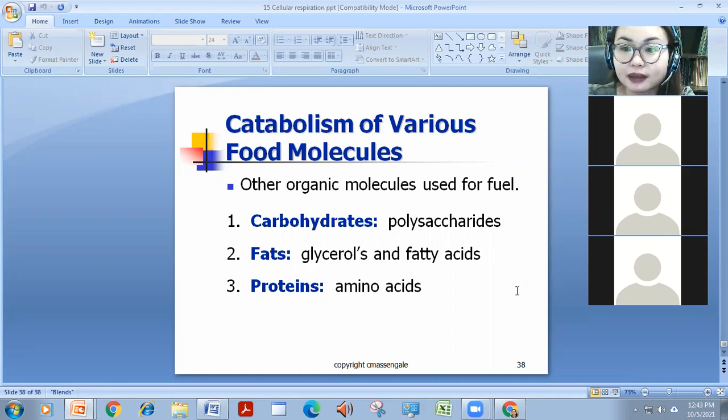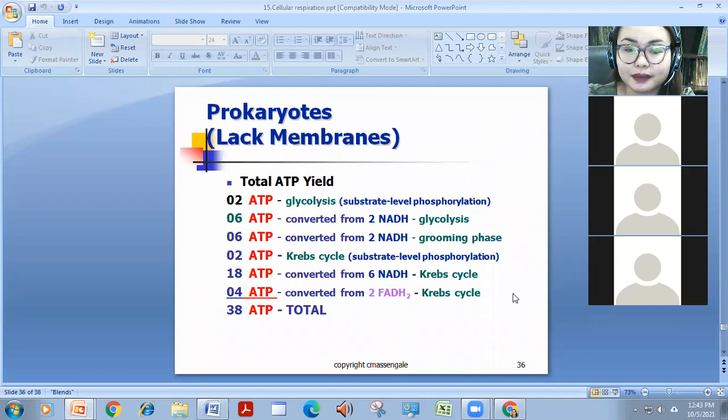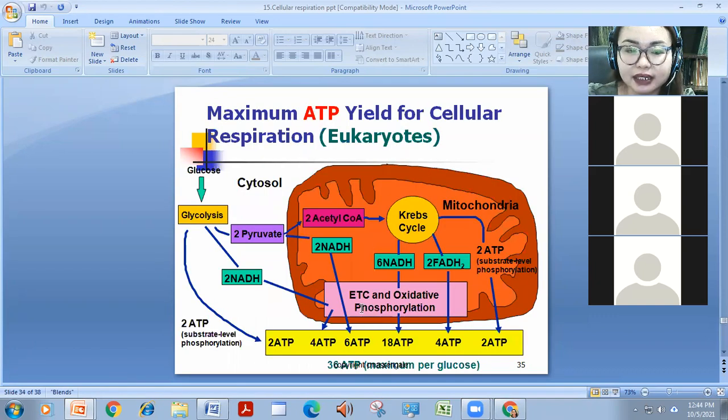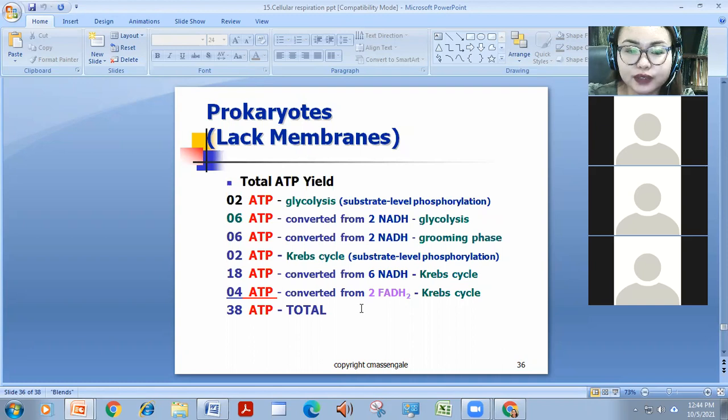Is it the prokaryotes or the eukaryotes? It's the prokaryotes, yes, because the eukaryotes can only produce 36 ATP. So where is their difference?